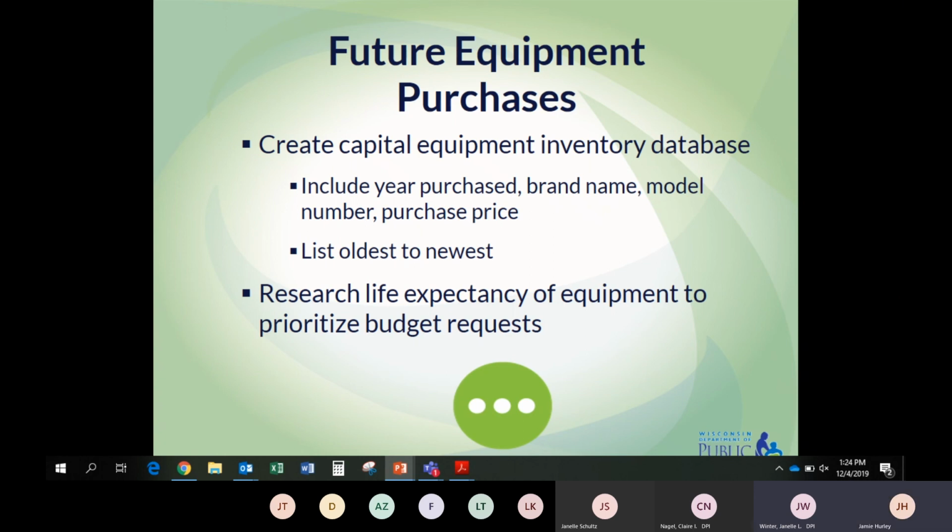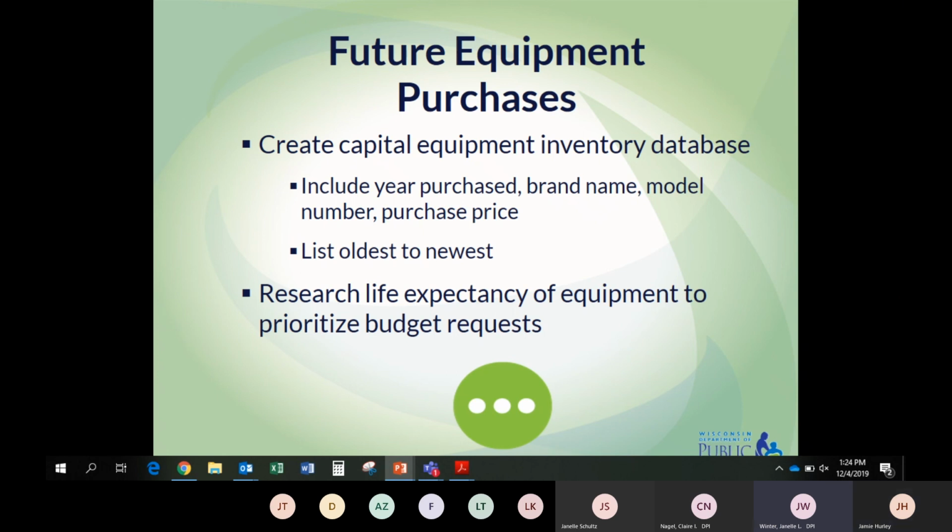So the life expectancy data that's out on the web is variable. And it really is impacted by, depending on your usage, how much is this piece of equipment used? Because obviously every food service operation uses a piece of equipment in a different manner, in a different amount of daily usage.